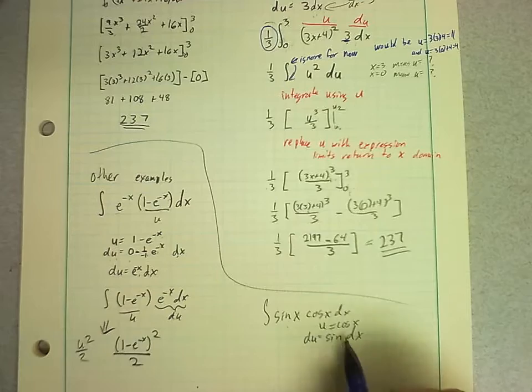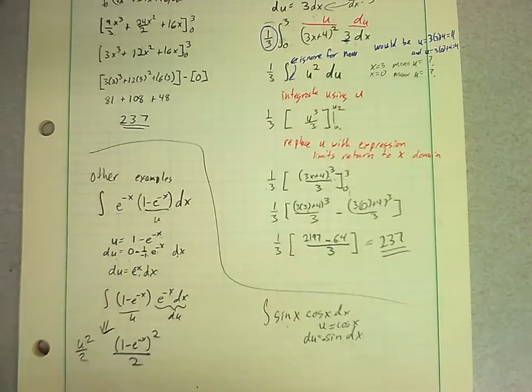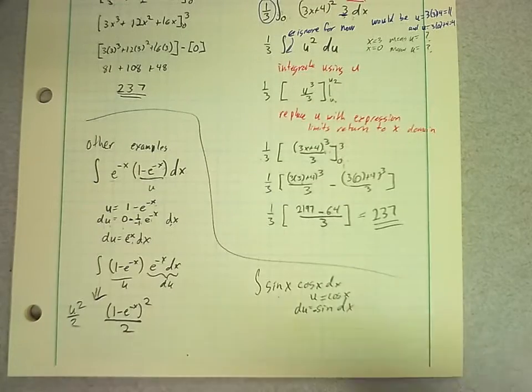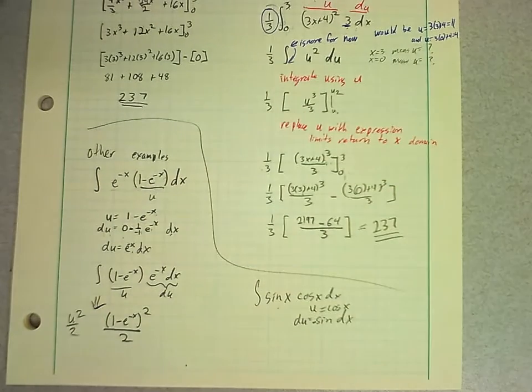And I guess technically, if it's cosine x, it's going to be negative that, so we'd have to get a negative sign involved there. But yeah, that makes things easy. So when we integrate that, we can just end up with a cosine squared term and those sorts of things. So u substitution is a very useful tool in helping us solve some other problems that we'll come across in integrals.